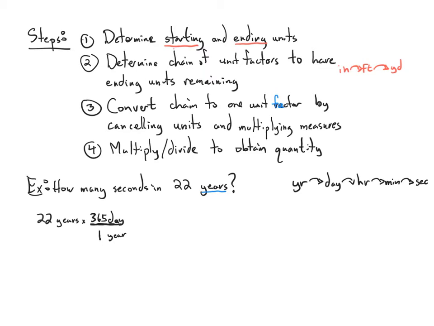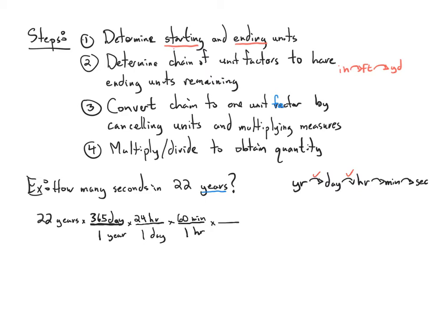So we've done this conversion. Let's go from day to hour. So we want to put day in the denominator and hour in the numerator. 1 day is the same as 24 hours. We've done that conversion. Now let's go from hours to minutes. 1 hour is 60 minutes.